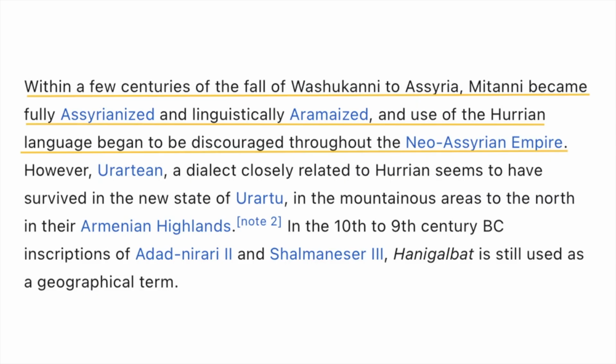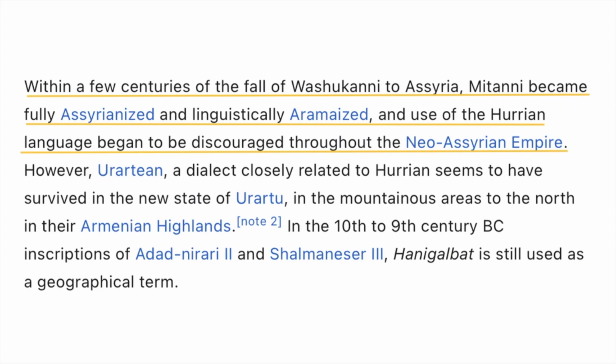Within a few centuries of the fall of Wash-Uk-Ani to Assyria, Mitanni became fully Assyrianized and linguistically Aramaicized, and use of the Hurrian language began to be discouraged throughout the Neo-Assyrian Empire. So in history, the Assyrians conquered the Mitanni, which was ethnically mostly Hurrian with Iranian peoples as well.